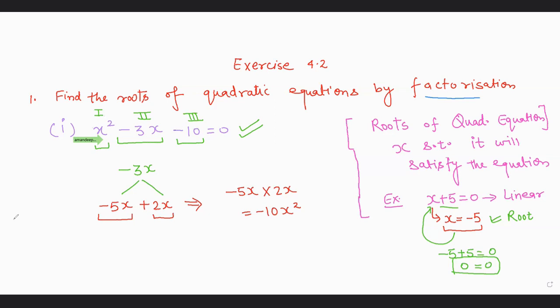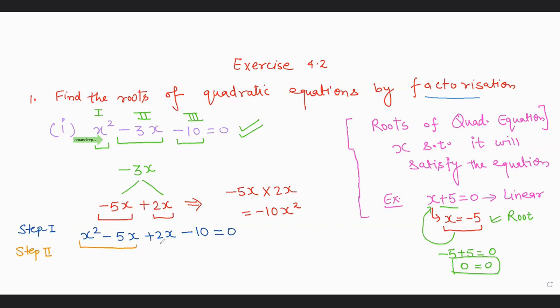Now, step number 1. We have done the factor of minus 3x as minus 5x plus 2x, so the equation is x square minus 5x plus 2x minus 10. This is step number 1. Now in step 2, we have to simplify.